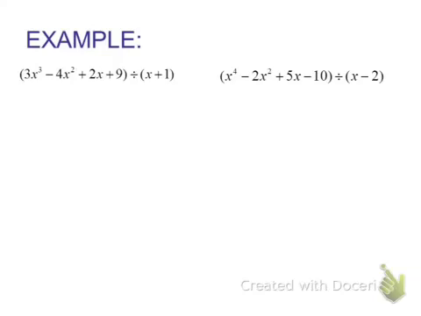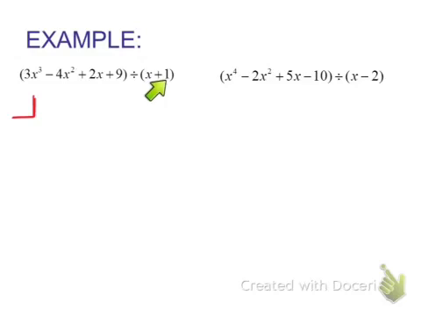I'm going to start with my first one here, and it's a little different how we set it up in synthetic division over regular long division. We're actually going to make a little box, but this time our box goes the opposite way that a division box would go. We're going to insert part of our factor here, but we're going to use the opposite.